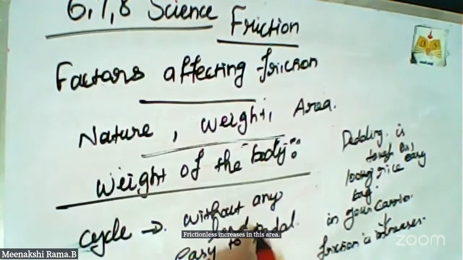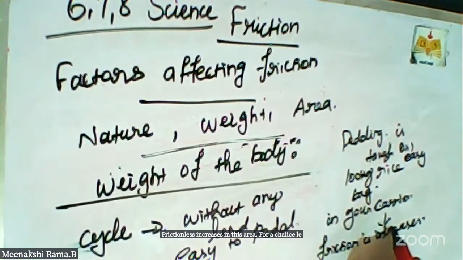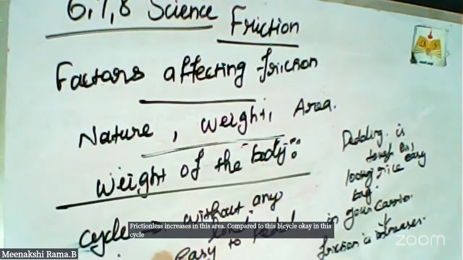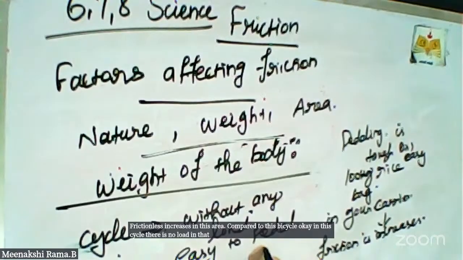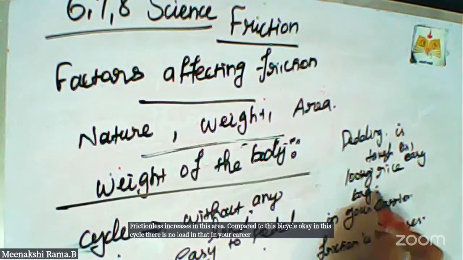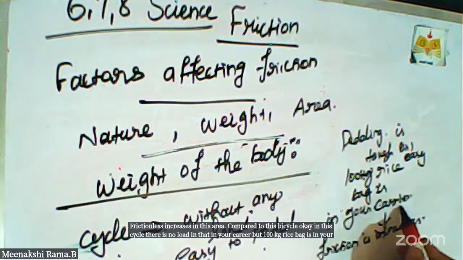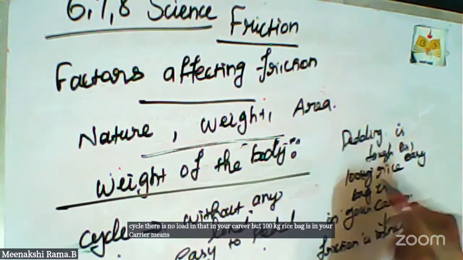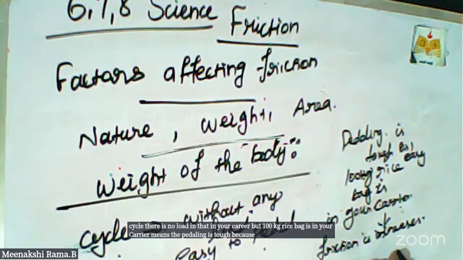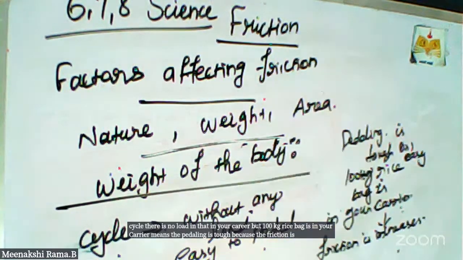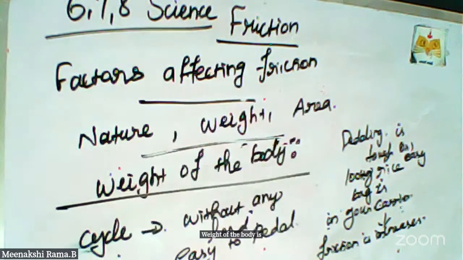Friction is lesser compared to this bicycle, in which there is no load in the carrier. But with a 100 kg rice bag in your carrier, the pedaling is tough because the friction increases. So this is the concept of weight. The weight of the body affects the friction.